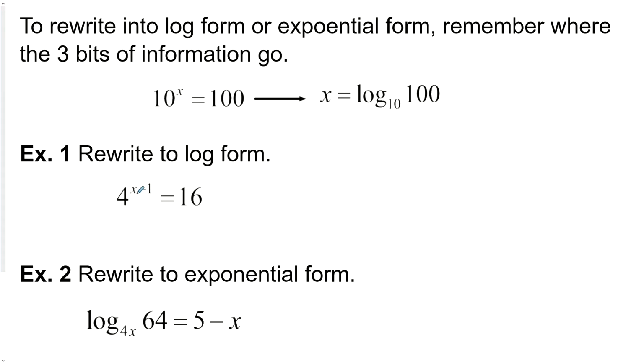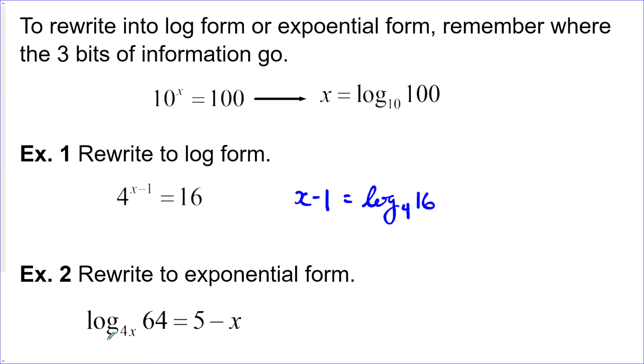So we have the exponent here is x minus 1, so it gets freed up and put by itself on one side. Then we'll have log, and the base of the log is going to be the base of the exponent, so this base will be 4. And then what was on this side here becomes the argument of the log. And in this case, that's all the question wanted us to do, just rewrite it in log form.